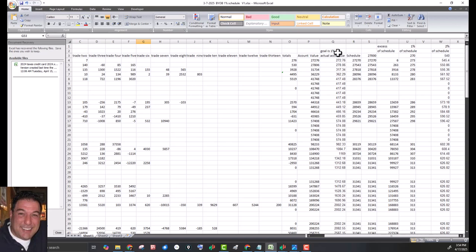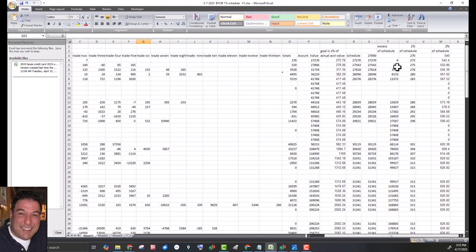So this is the goal, 1% per day. If I make an excess, I can trade my excess in addition to my 1%. If I'm just on schedule, I can trade 2%. If I'm in excess of my schedule, I can trade 1% plus my excess. Don't want to get nuts with it.